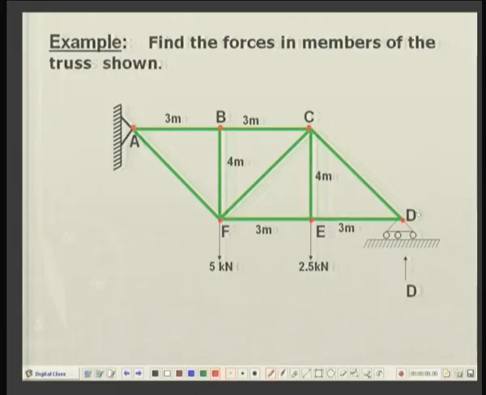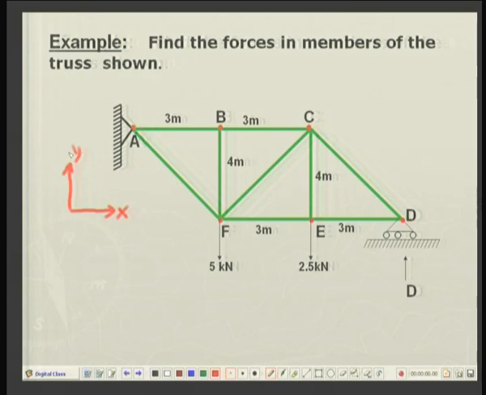Now, first of all, we will consider the entire truss as a free body, that is, we will isolate it from its supports by putting in the reactions. In all these problems, first you should identify your coordinate axes. Let us say horizontal is our x axis and the vertical direction is our y axis.